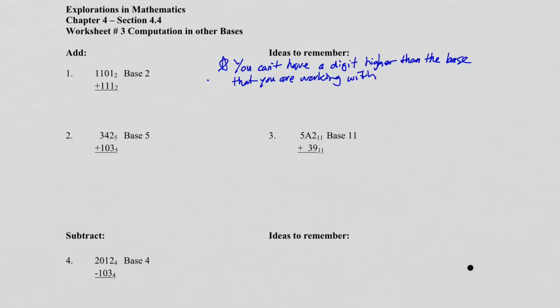For example, base 10, our system, has digits 0 through 9. And as another example, base 5 is going to have digits 0 through 4.